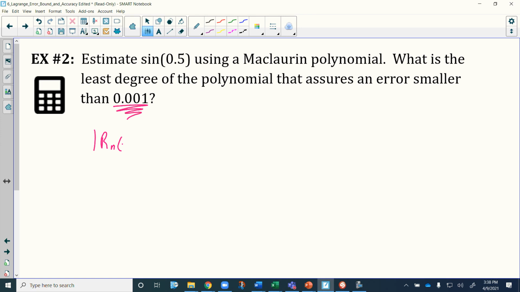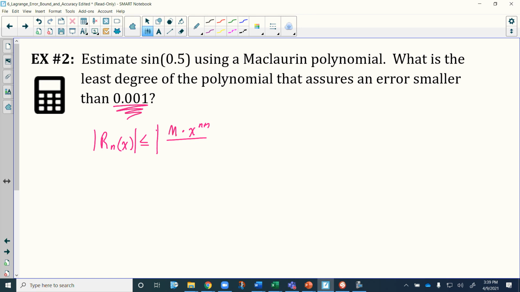So here, the remainder of some degree that we don't know of x has to be less than or equal to the absolute value of the maximum of f of n plus 1 multiplied by, now here is where the Taylor inequality has in parentheses x minus c, but in this case it's just going to wind up being x to the n plus 1 power instead of x minus anything.